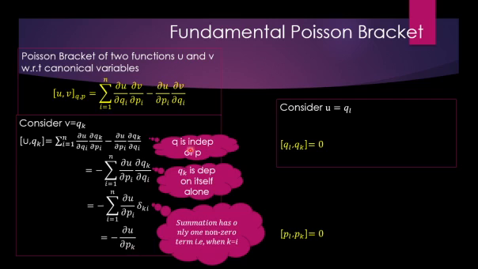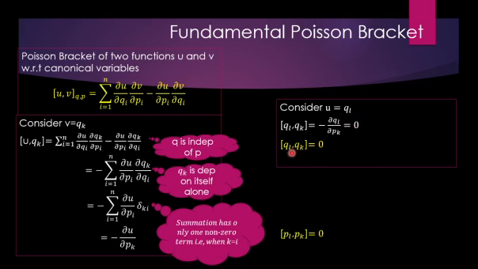Now instead of u, I'll take another coordinate ql. So ql comma qk, you can just substitute: minus dou ql by dou pk will be equal to, again the same comment is applicable here, q is independent of p, so this will be equal to 0.